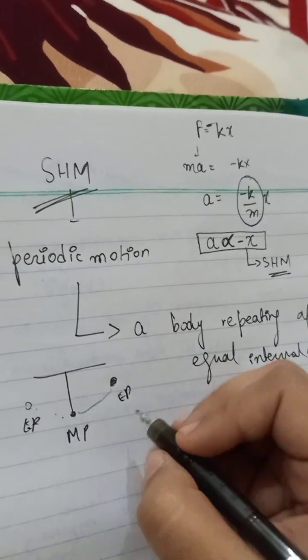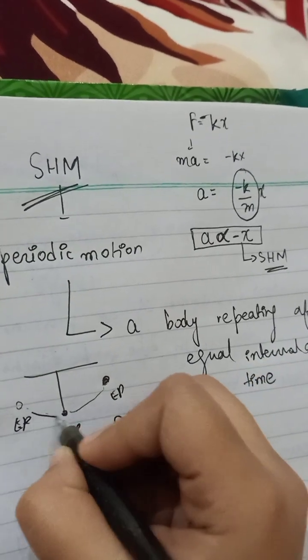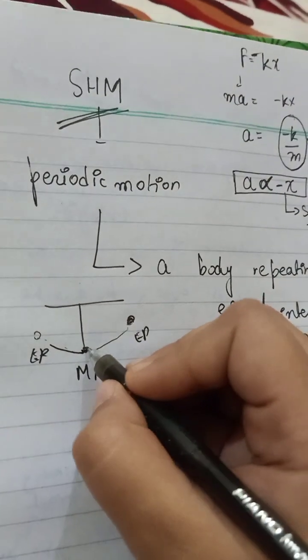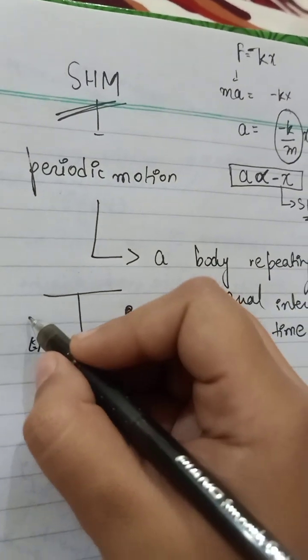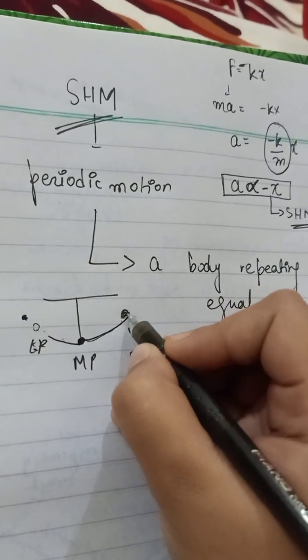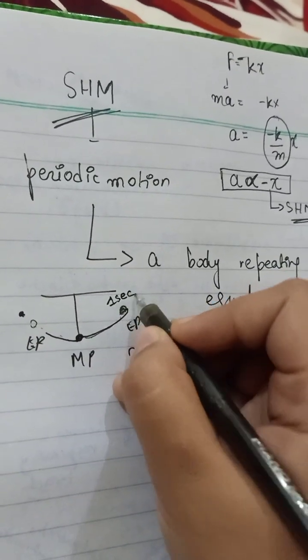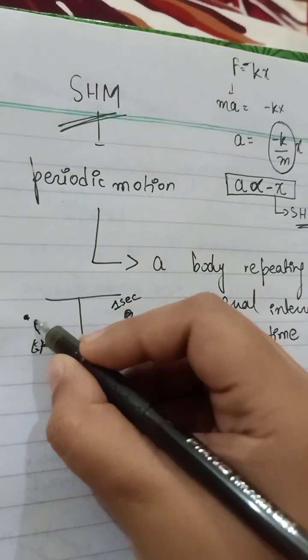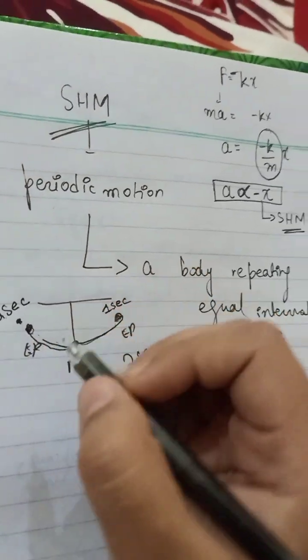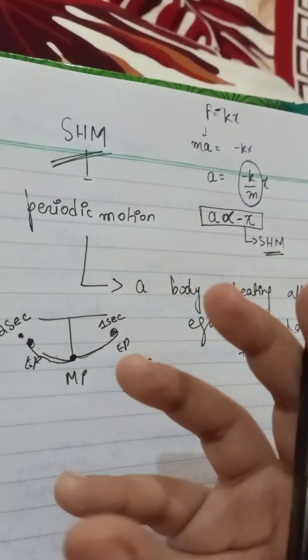Say the time is 2 seconds. In 1 second it will go here, and in 1 second it will come back here, and the 2 seconds will be complete. So here the body repeats after an equal interval of time.